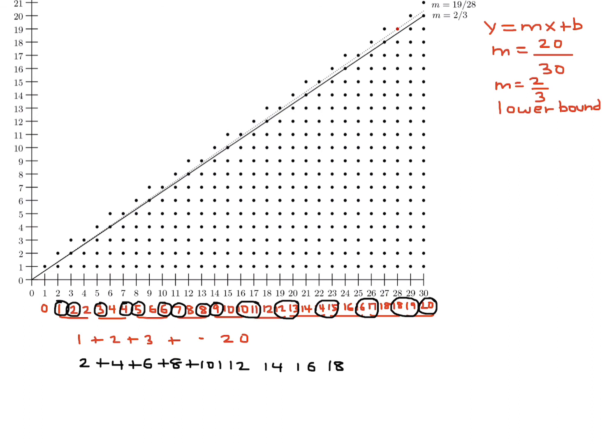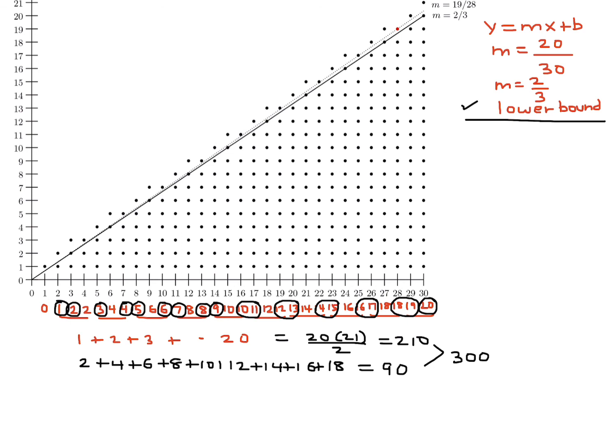And we can add those up pretty quickly. So the sum from 1 to 20, well, that's just 20 times 21 divided by 2, and that's 210. And then these ones, you can easily manually add them up. And when you do, that's 90. So 210 plus 90 is indeed 300. So indeed, when we drew the line with m equal to 2/3, we got exactly 300 points below that line. Okay, so we're convinced that the lower bound is correct.